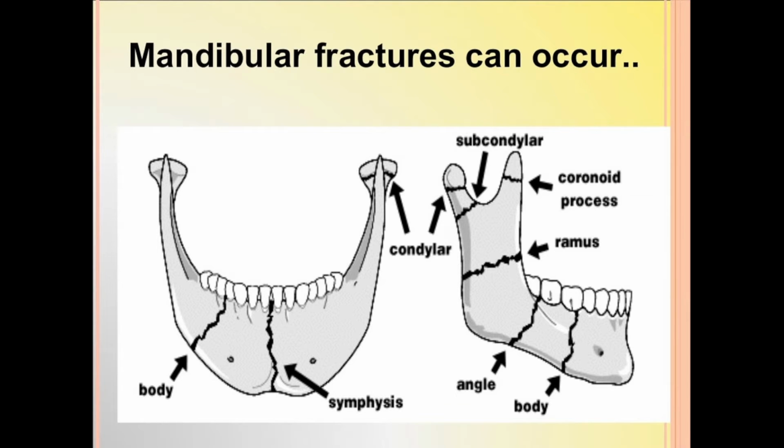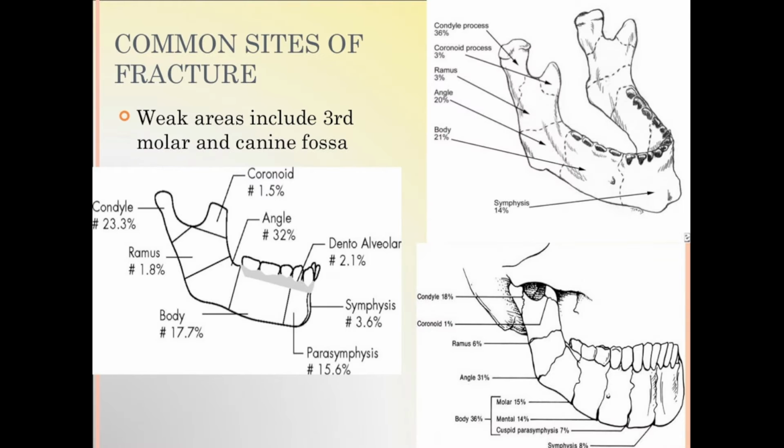Mandibular fracture can occur in the body, symphysis, condylar, subcondylar, coronoid process, ramus, and angle. You can see the epidemiology of types of fracture of the mandible.